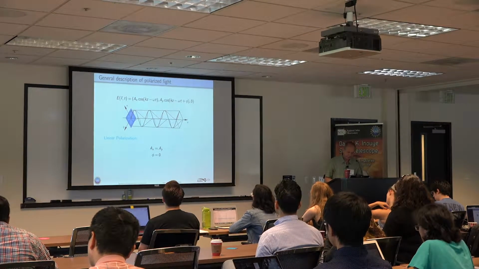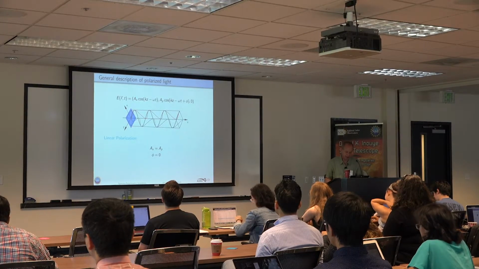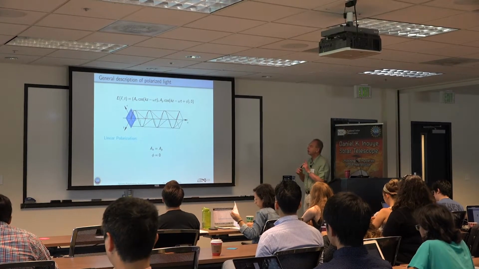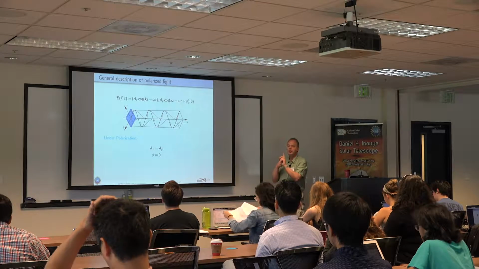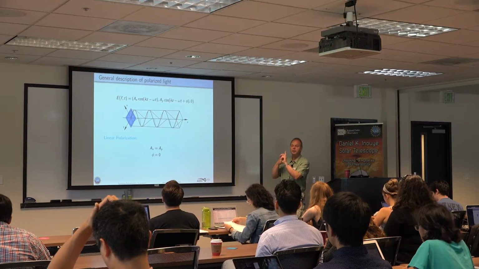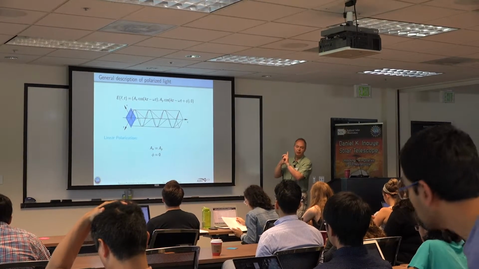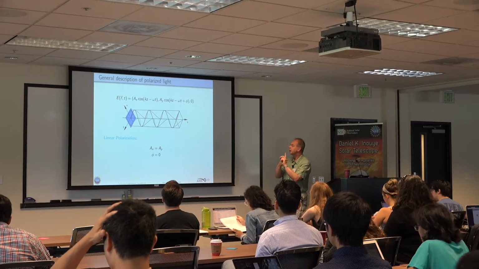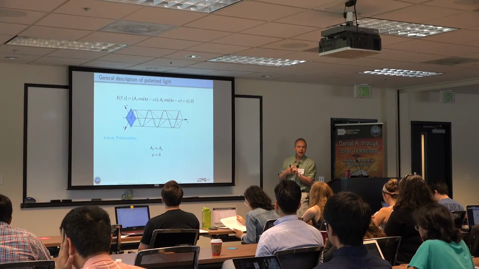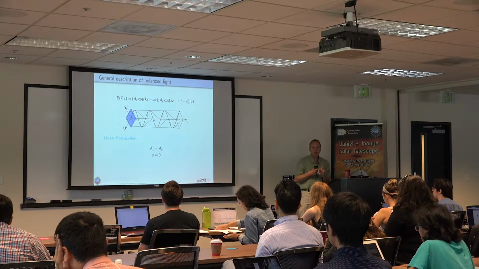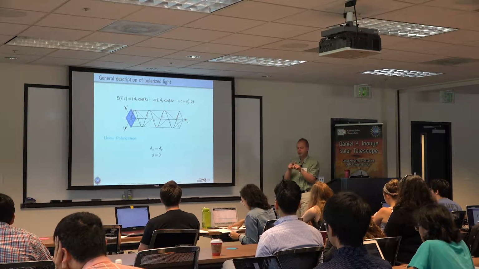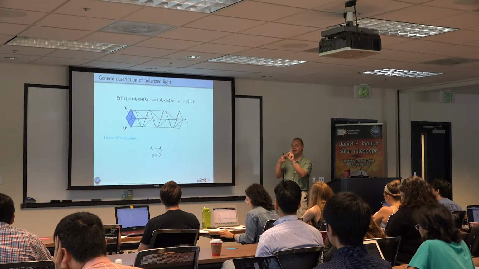Right? In this case, when we have the amplitude in the x and the y direction of the oscillations of the magnetic or electric field at the same amplitude, and we have a zero phase difference between them, we have linear polarization. You can imagine they oscillate like that, right?